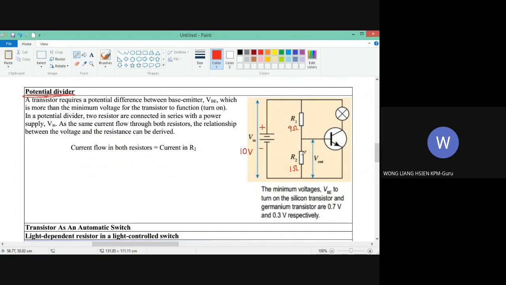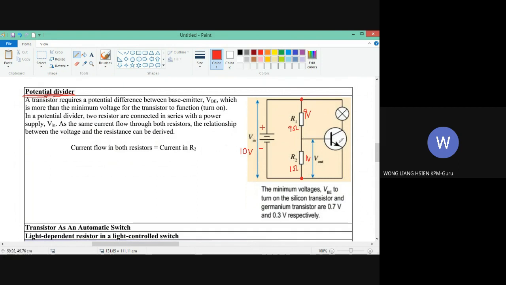These two resistors are connected in series and then connected to this power source. So from here to here, the voltage is 10 volt. If this is 9 volt, this is 1 volt, so the voltage here will be 9 volt, and the voltage here will be 1 volt. In series, 9 volt plus 1 volt equals 10 volt.